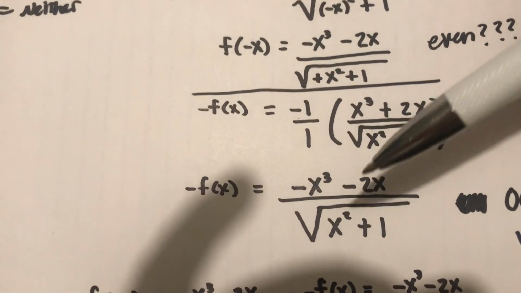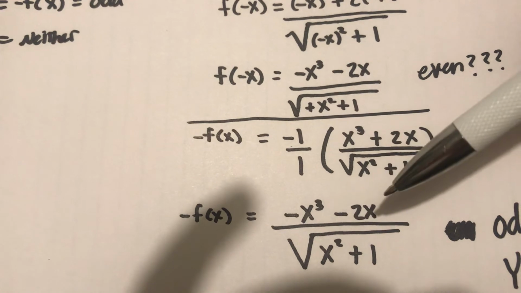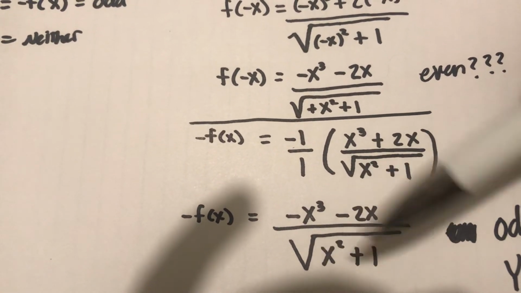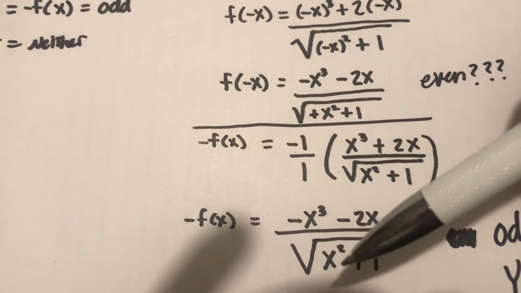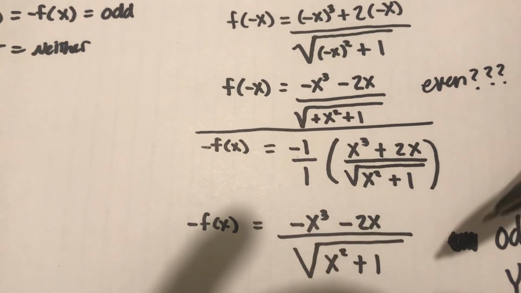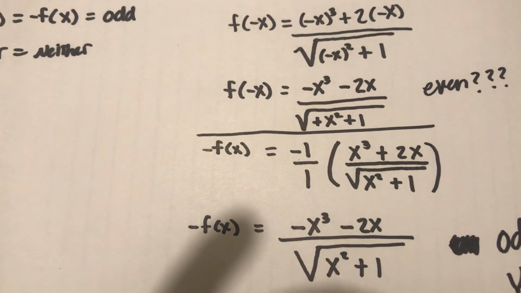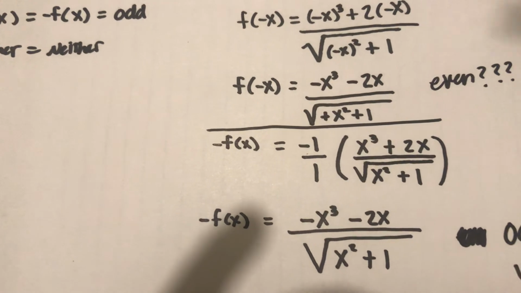And so now we've got this equation here: negative x cubed minus 2x divided by the square root of x squared plus 1. And technically, since this x is squared and this is a square root, we could bring out the x. However, for this video, we're just going to leave it in there for now, just to simplify things a little bit.